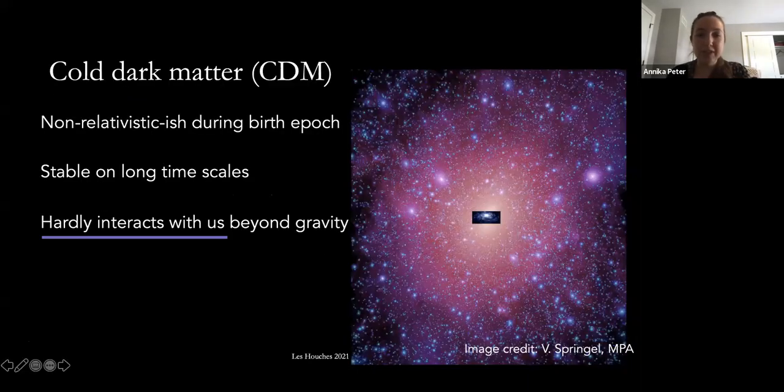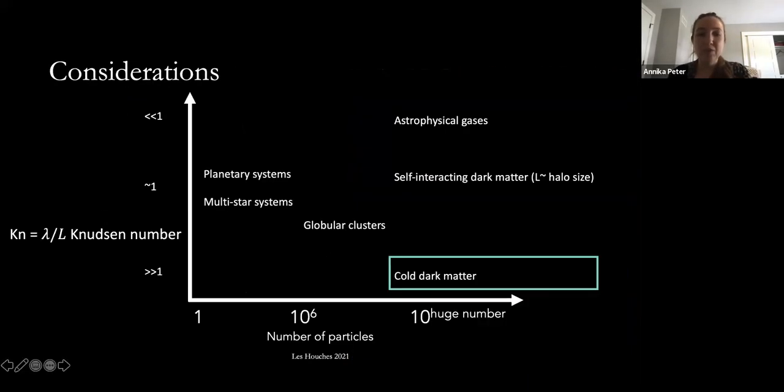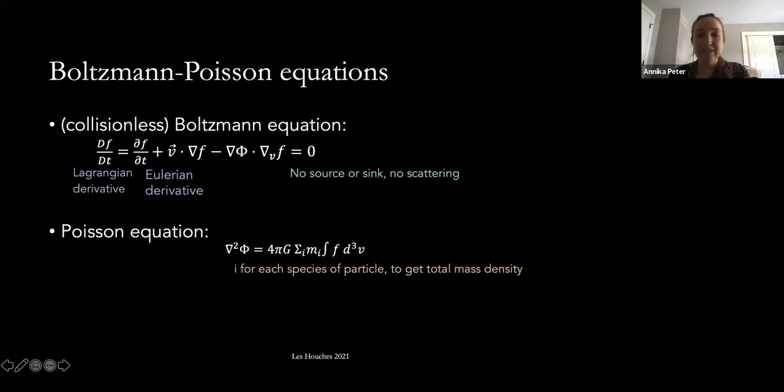So cold dark matter lies in this huge particle number, extremely high Knudsen number limit. What that means is that when we're doing these standard cold dark matter simulations, we're solving the collisionless Boltzmann equation plus the Poisson equation together.